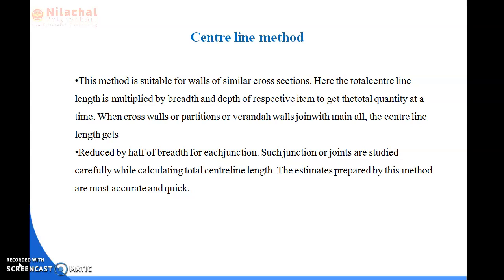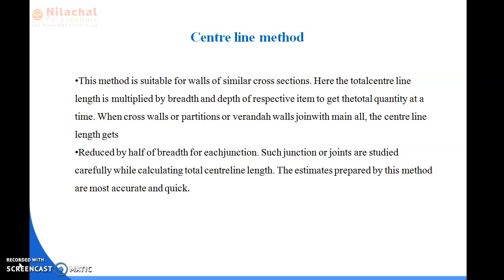In this case, when the wall cross section is not similar, we can consider the Long wall-Short wall method. For different types of wall lengths we can consider it. But when the building has the same types of wall and similar cross section, in this case we can consider the centerline method. It is a very easy method to calculate. No more calculation is needed. So the centerline method we can consider for such types of building.